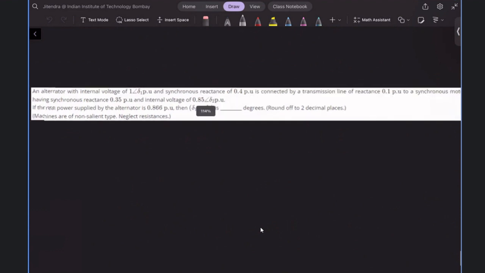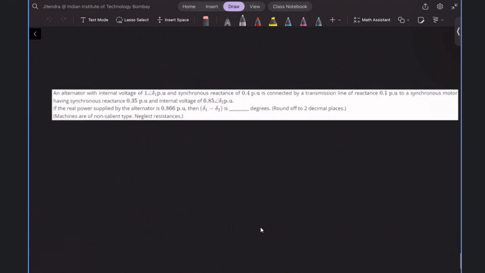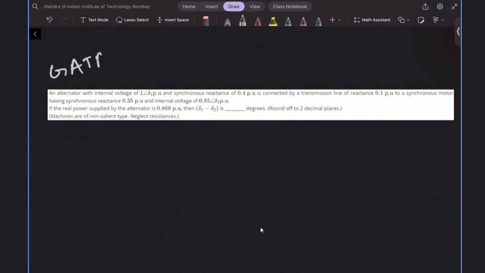So now we will clarify the difference of angles in a machine and how power flows with the difference of load angles. This problem was asked in GATE 2021. Read the problem very carefully and let me know.